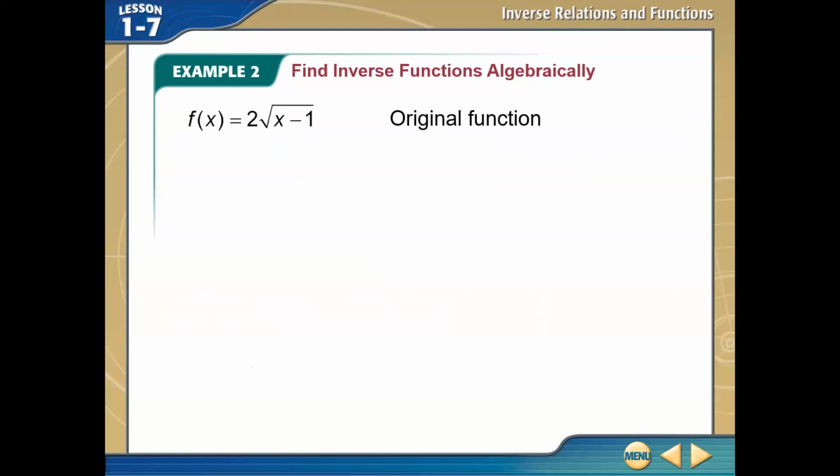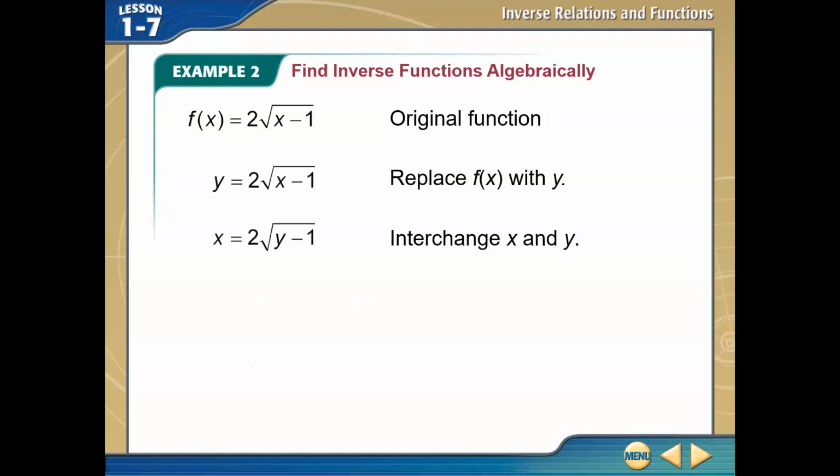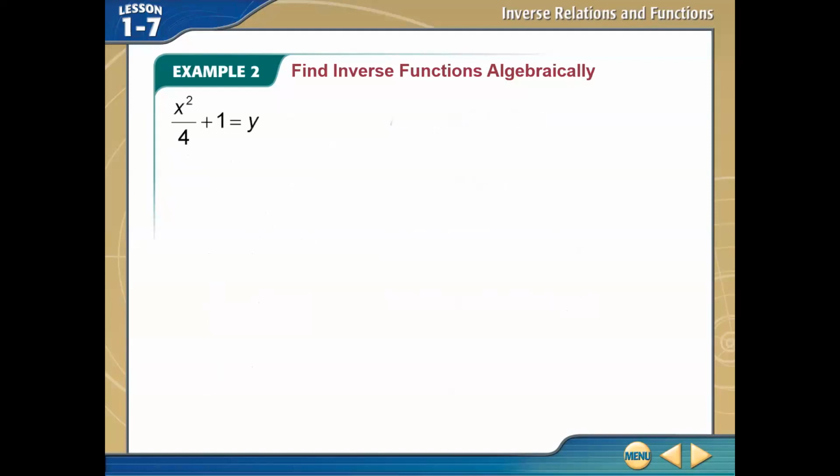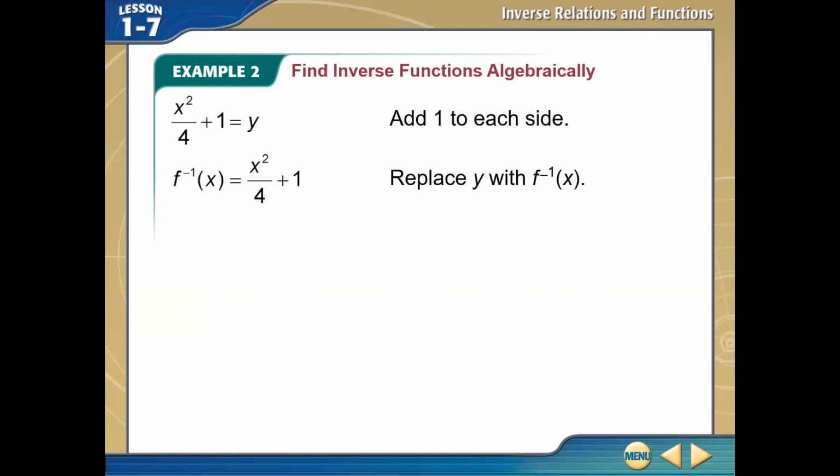Okay, the original function, they replace f of x with y. They switch x and y. Then they divide each side by 2, once again to isolate the y variable. They square each side to get rid of the square root. Then they add 1 to completely isolate the y variable. F inverse of x is equal to x squared divided by 4 plus 1.